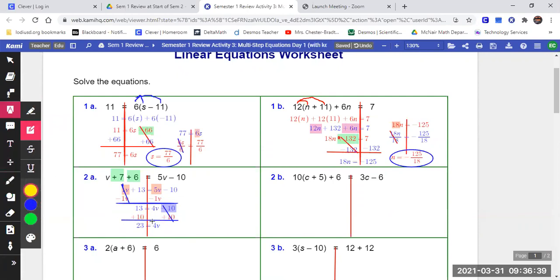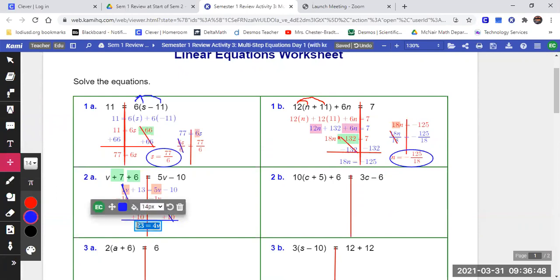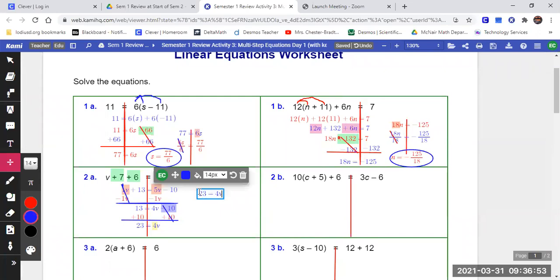We need to big 1 whatever's with the letter. So that 4 needs to big 1 out of there. How are we going to big 1 that 4 out of there?